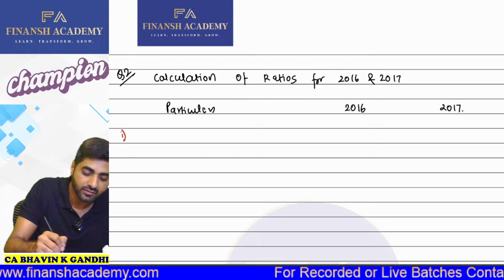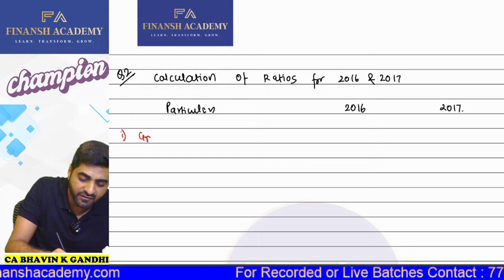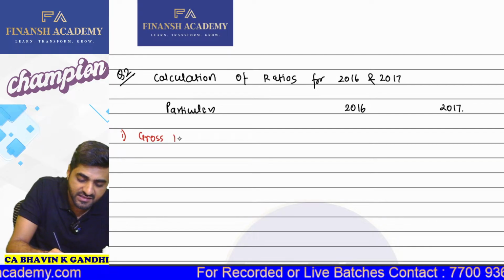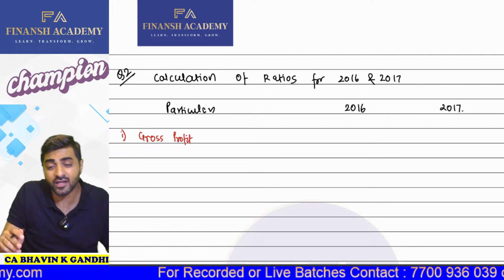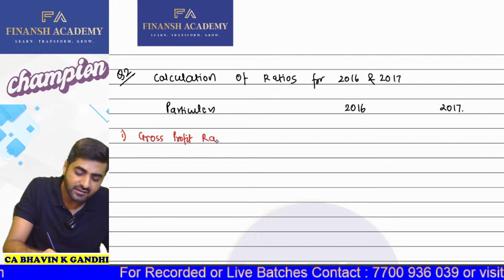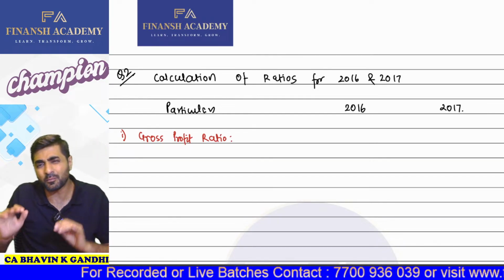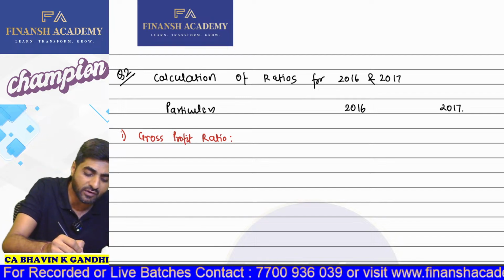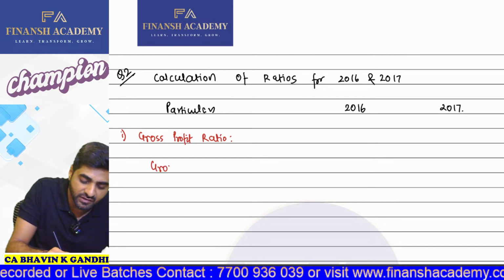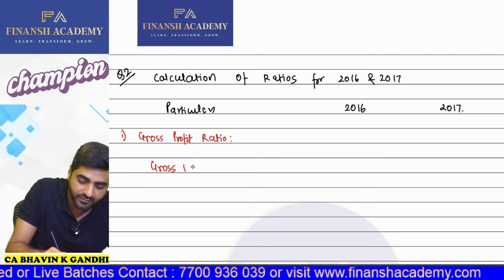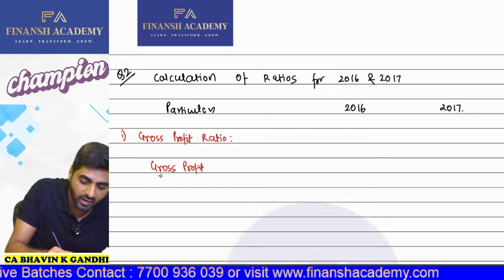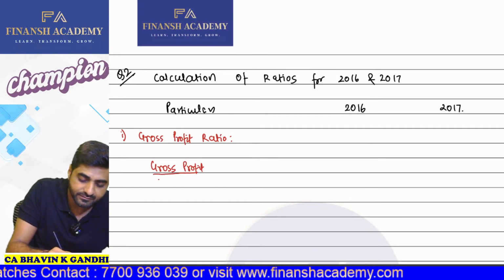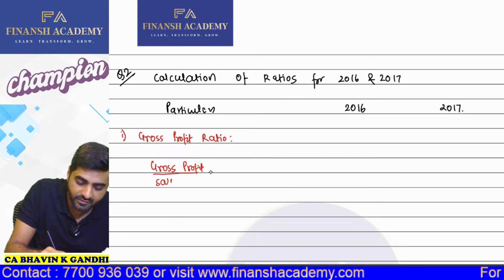Everything in detail, systematically, the way you are learning in the class, properly, one step at a time. Okay, so this is going to be our approach. What is your gross profit ratio? The formula for this is gross profit upon sales into 100.